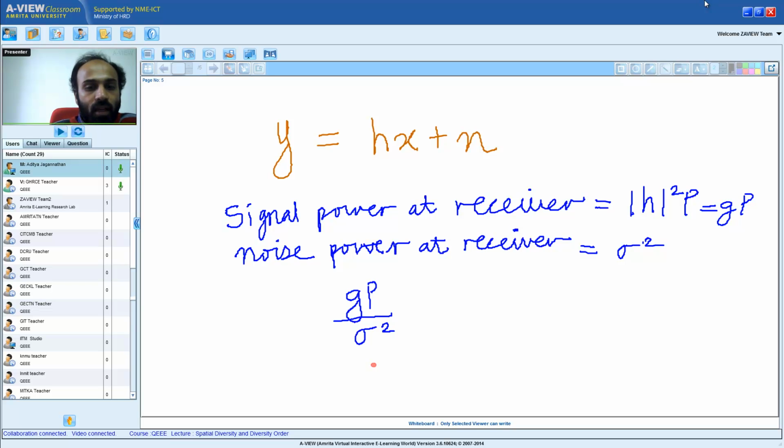Now for this SNR GP over sigma square, can someone tell me what is the bit error rate? Do we need to do all the calculation, or can we intelligently use some earlier calculation or formula to derive the bit error rate of this system? The SNR is G times P over sigma square.